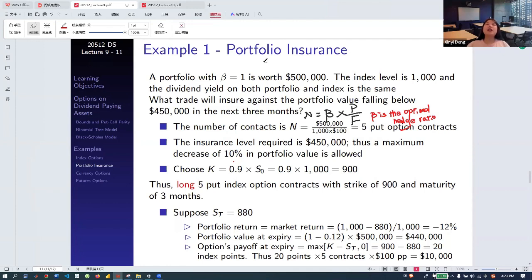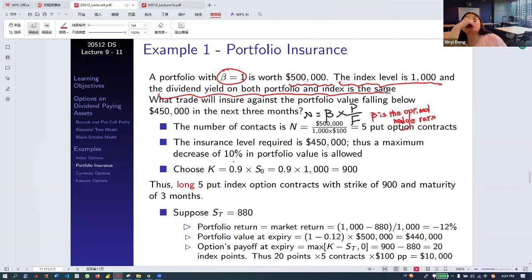Here, we know that the portfolio value is $500,000, and beta is equal to 1. The other information we know is that the index level is 1,000, and the dividend yield on both portfolio and index is the same. In the previous example we discussed in earlier lectures, we only determined the optimal number of contracts.